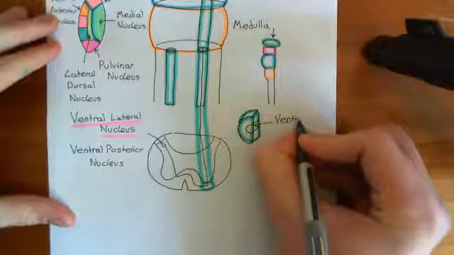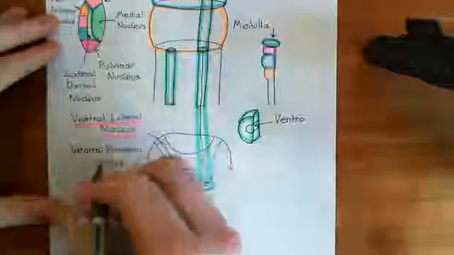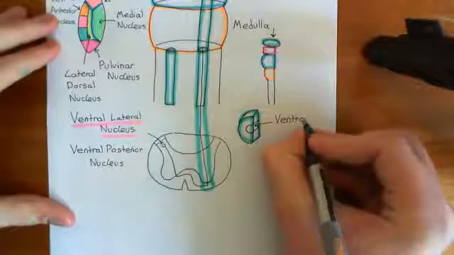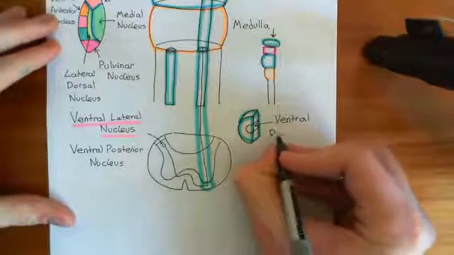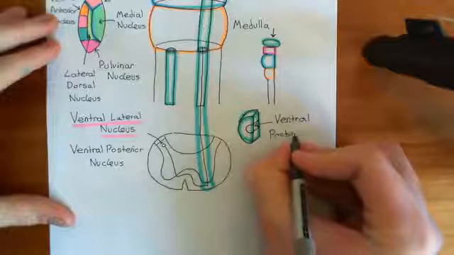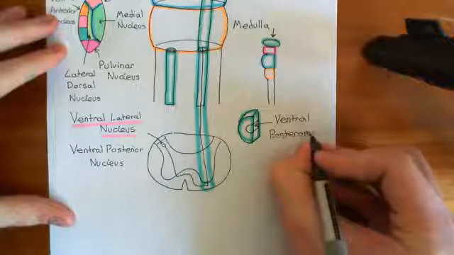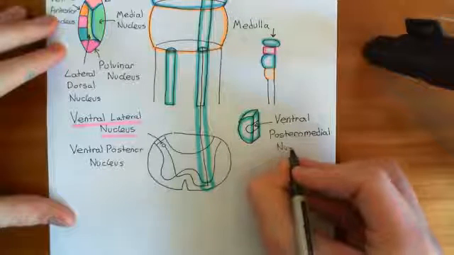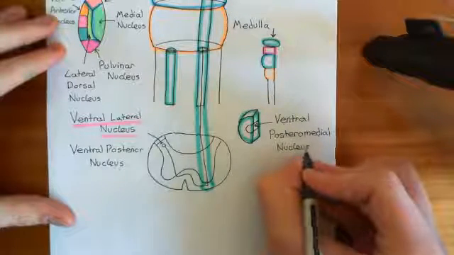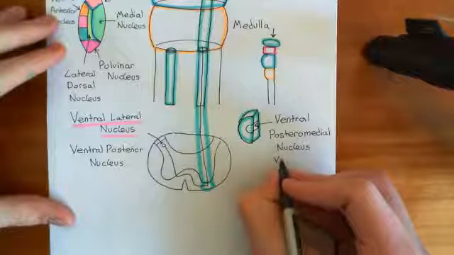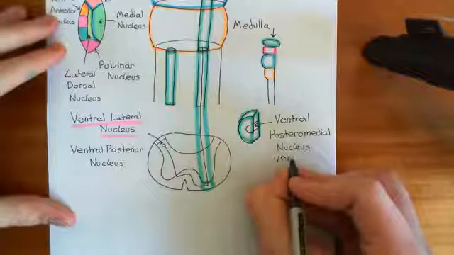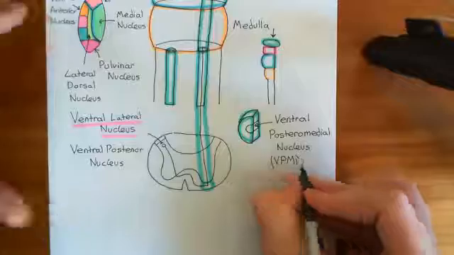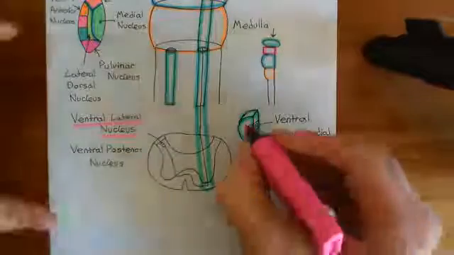So this is the medial portion of the ventral posterior nucleus, the ventropostero and then medial nucleus. Sometimes that will be abbreviated to VPM nucleus for short. I'll highlight it in vivid purple.